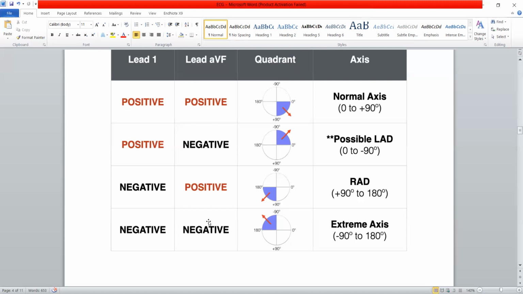Now for PLAB 1, the causes of left axis deviation and right axis deviation that you have to remember is that the most important cause of right axis deviation is lateral wall MI. Lateral wall MI causes right axis deviation. If you want me to explain how lateral wall MI can cause right axis deviation, I can explain that too.